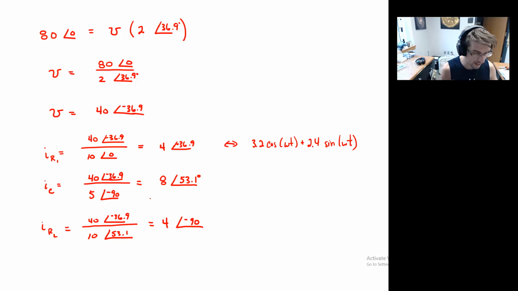So let's go ahead, so that you don't take my word for it, and see that these two representations are actually the same. Okay? Here we go. So what we had was something that said 4 times the phasor of 36.9. Okay?